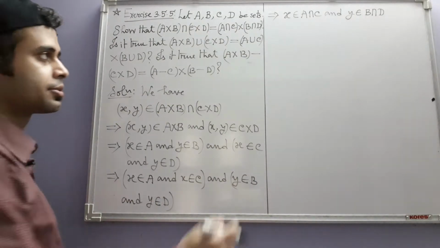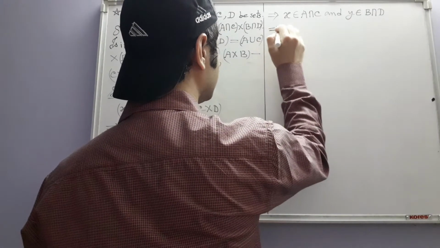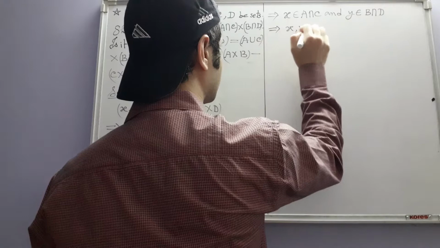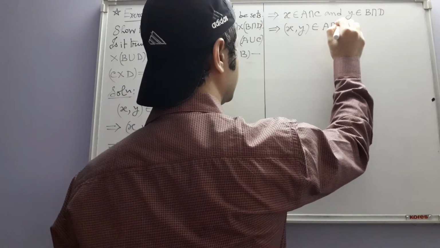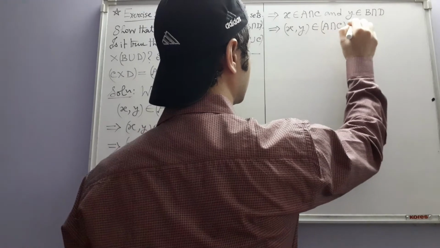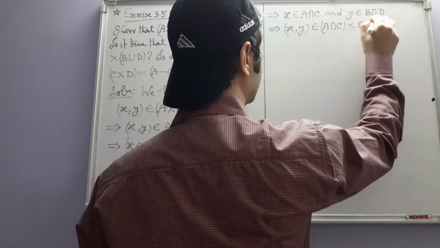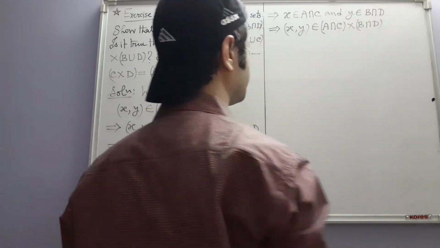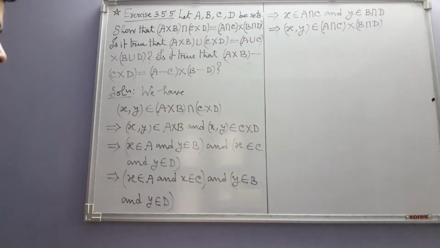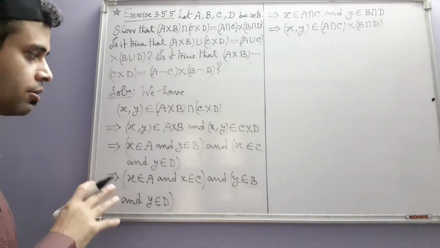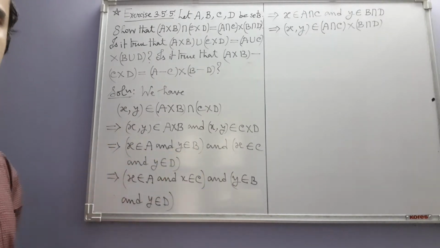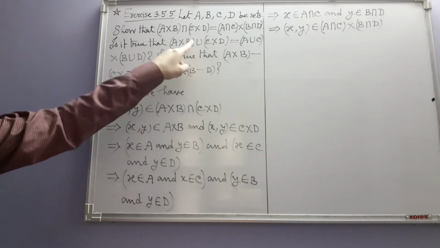And then in the next step we have this: x comma y belongs to A intersection C cross B intersection D. The fact that this identity works is because we have AND throughout, which is not the case with this one.